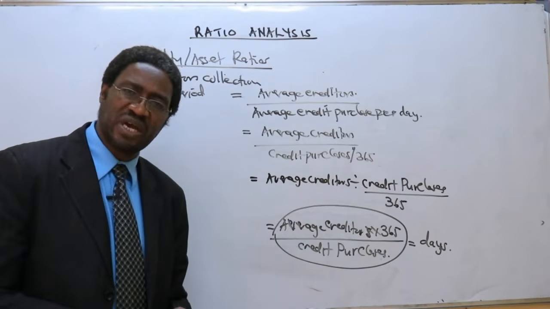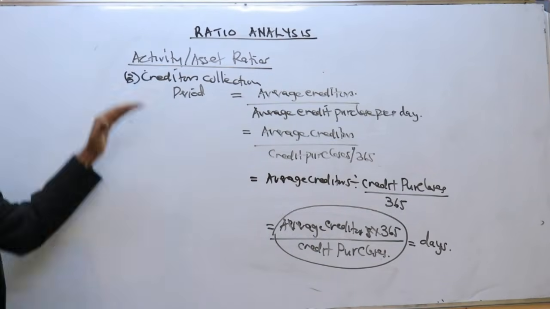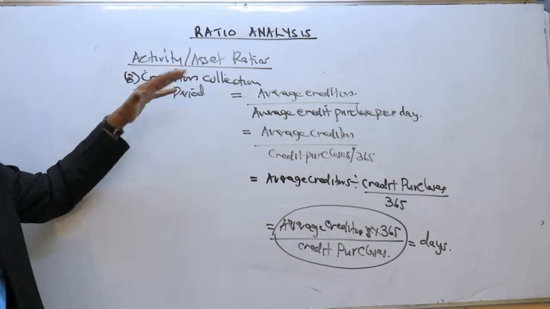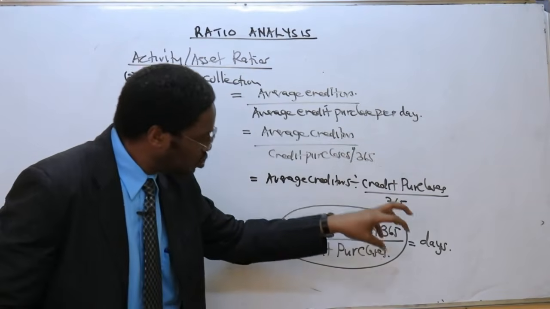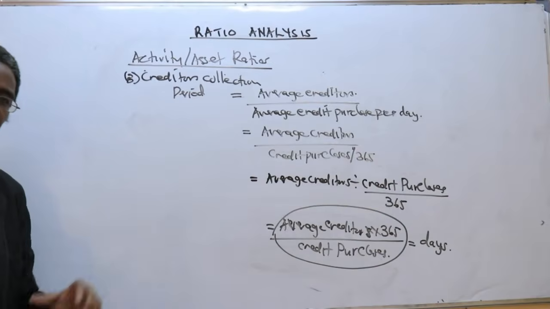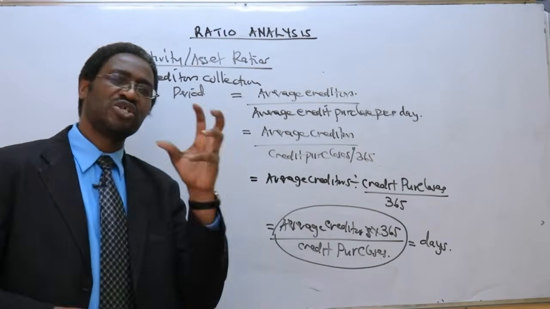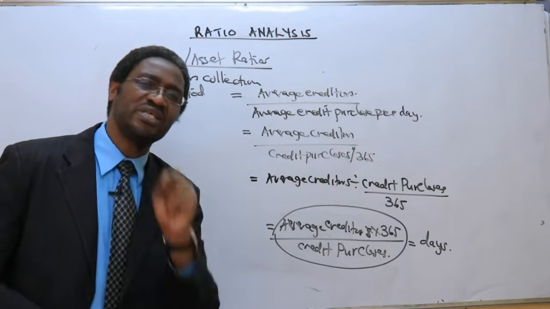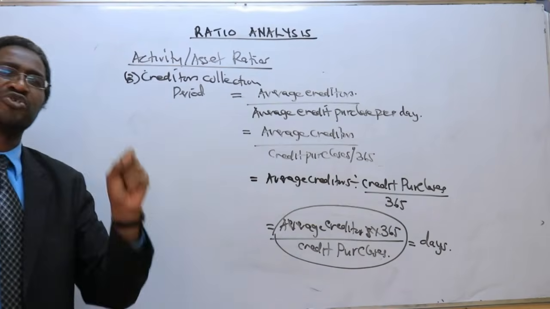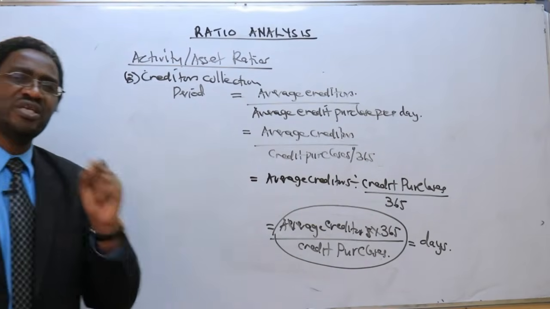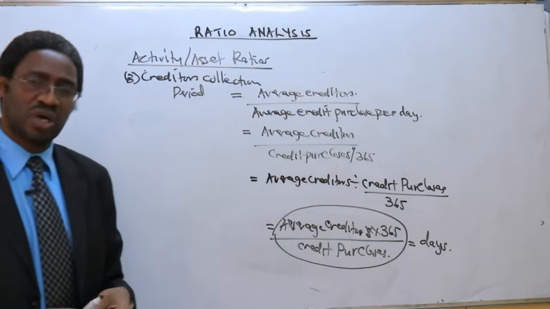Whatever answer you get, you express it in terms of days. This ratio shows you how many days it takes you as a company to pay your creditors.